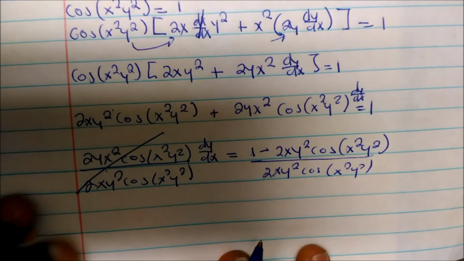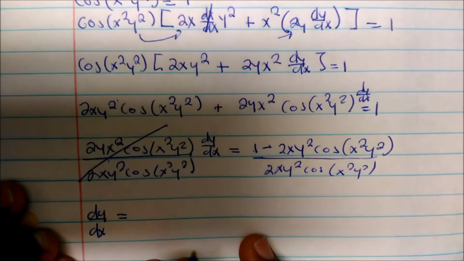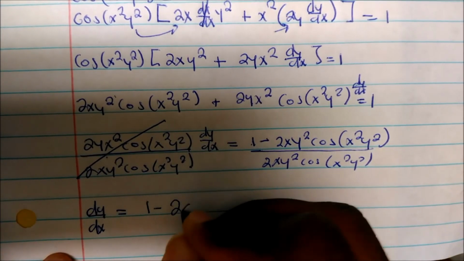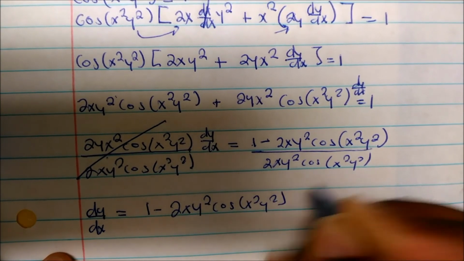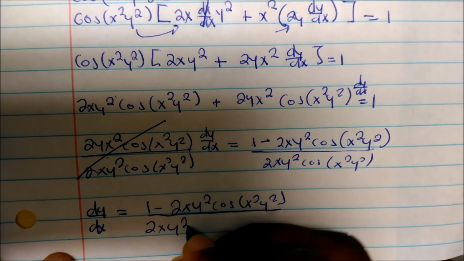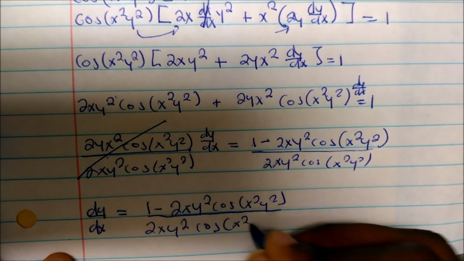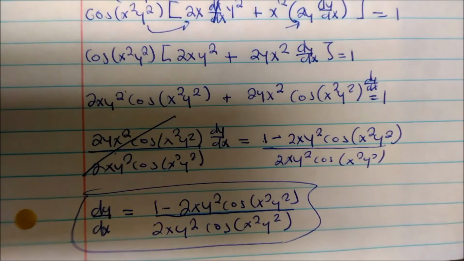These go to 1, these cancel, so dy/dx will just be 1 minus 2x y squared cosine of x squared y squared, all divided by 2y x squared cosine of x squared y squared, right? This will be my answer.